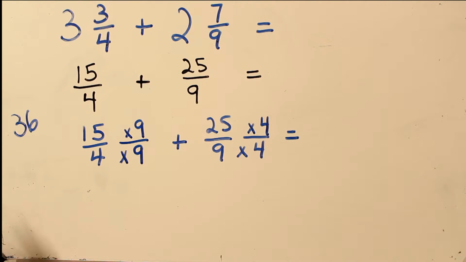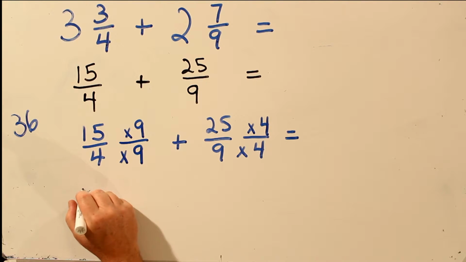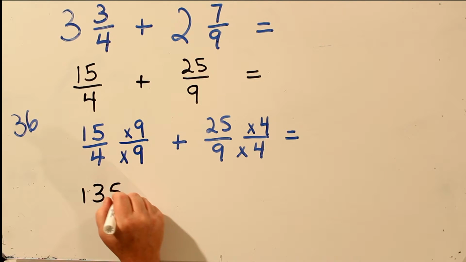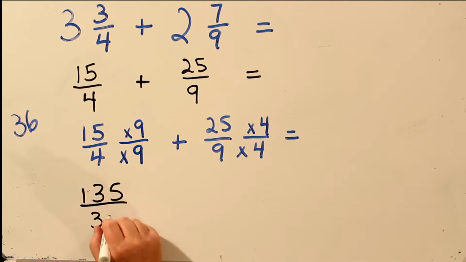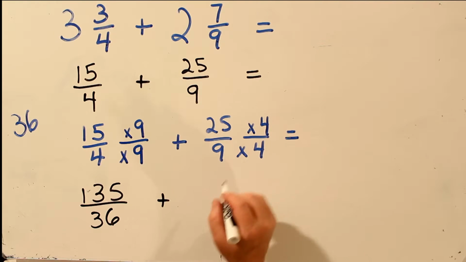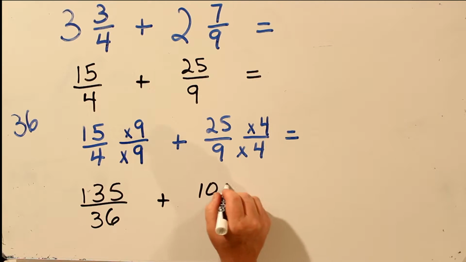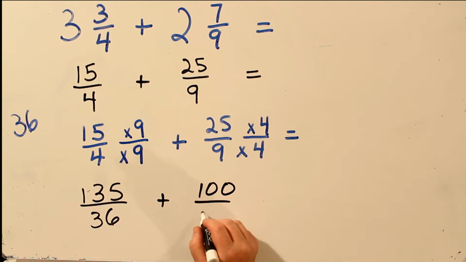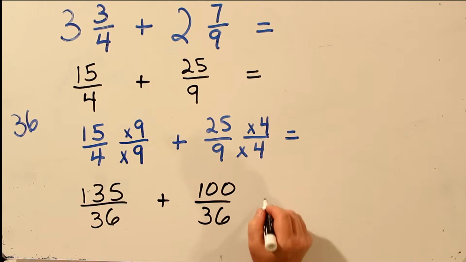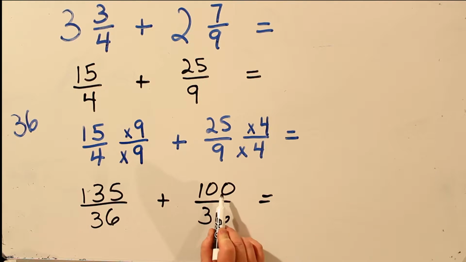15 times 9 is 135. 4 times 9 is 36. Here 25 times 4 is 100. And 9 times 4 is 36. And now the bottom numbers are the same, so we can add these two fractions. To add the two fractions, you add across on the top.